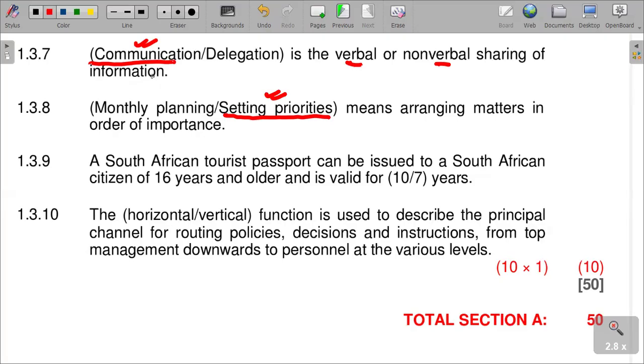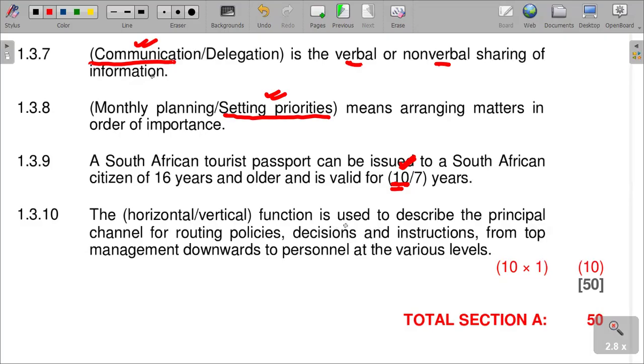I'm sure we know that our passports are valid for what? For 10 years. The South African tourist passport is issued to a South African citizen of 16 years and older and is valid for 10 years.